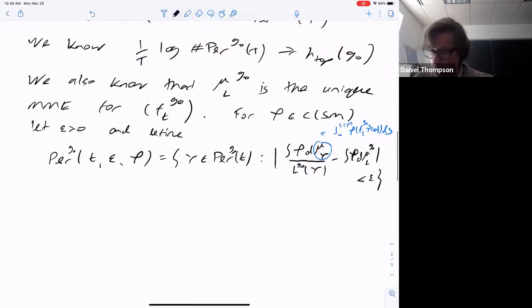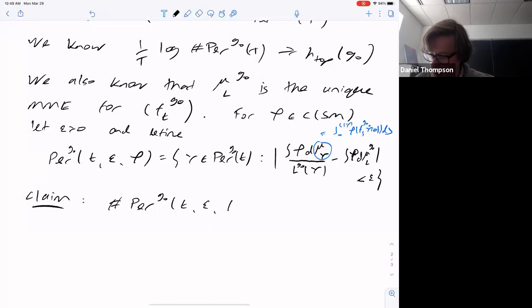So the claim is that the number of periodic orbits in this set, which are almost typical, divided by the total number of orbits, converges to 1 as t goes to infinity.